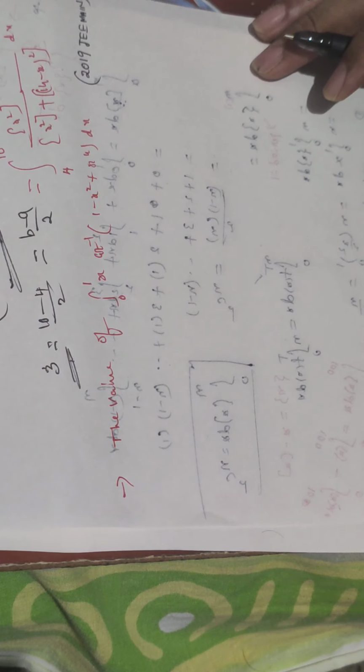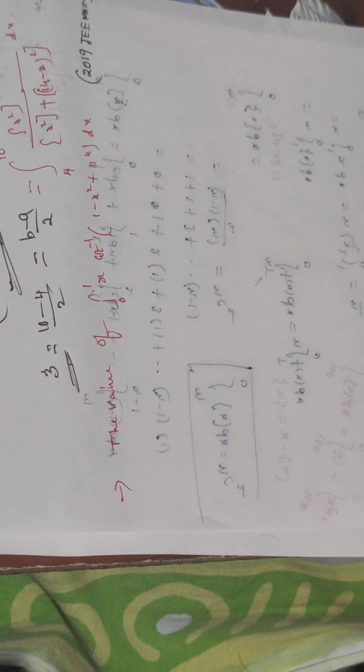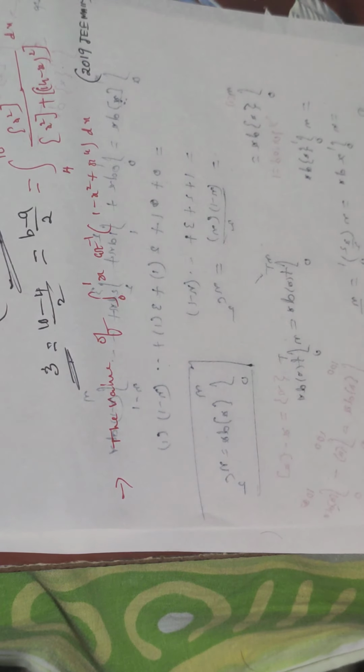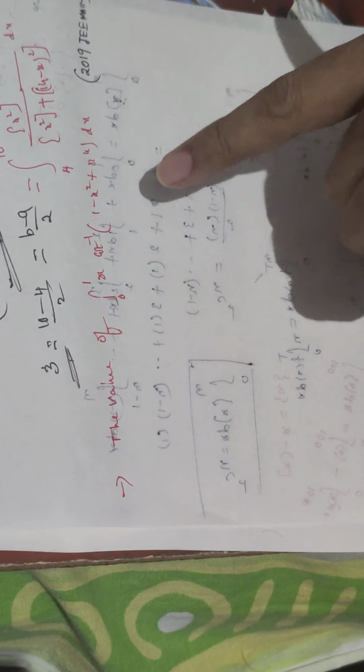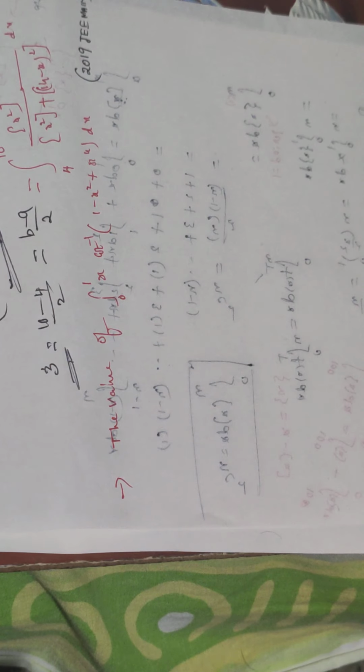Integral 0 to 1 x into cot inverse of 1 minus x square plus x power 4 dx. So the idea is here x into some other function is there. In that case, the idea is you can eliminate the x.